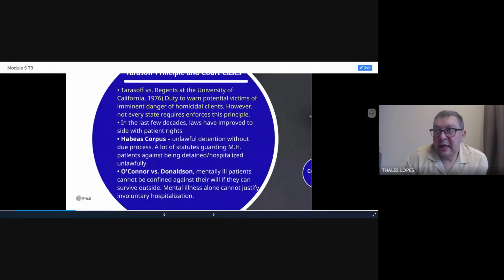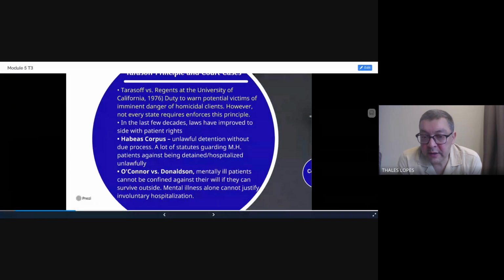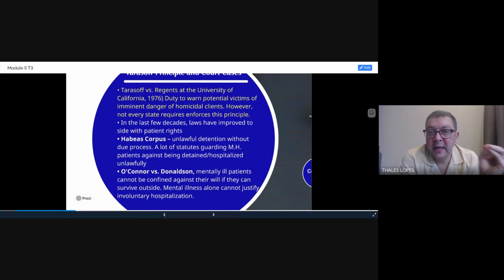So basically, if I'm a patient and I am being held and I believe that I shouldn't be, just because I have schizophrenia, and I say, hey, I want to see the judge, my protection of habeas corpus should bring my case to the judge, and the judge will decide whether I'm able to leave or not.